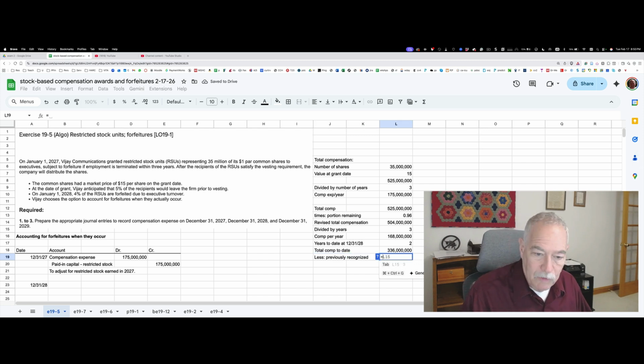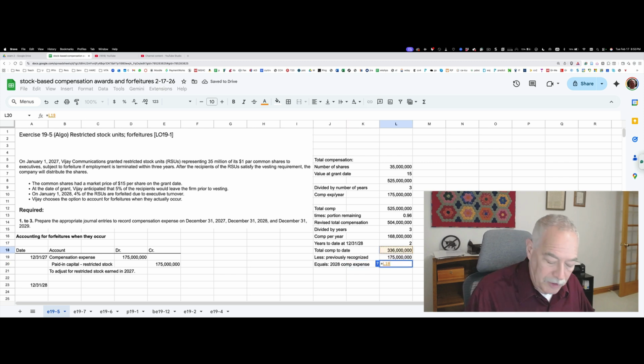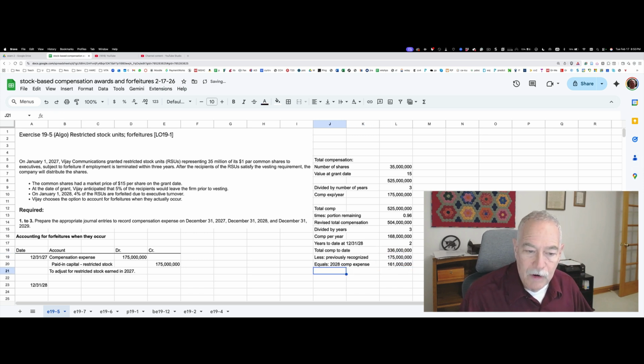And that's going to be equal to this 175 million right here. And that's going to give us 2028 comp expense equals the 336 minus the 175, or 161 million.